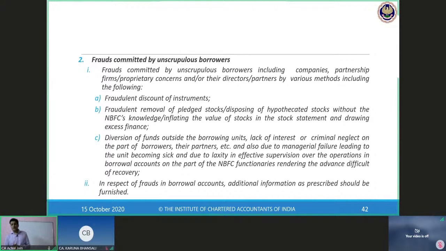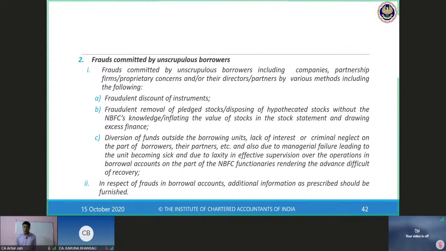Diversion of funds outside the borrowing units. Lack of interest or criminal neglect on the part of the borrowers, their partners, etc. And also managerial failure leading to the unit becoming sick, and laxity in effective supervision over the operations in the borrower accounts on the part of the NBFC functionaries, rendering the advance difficult of recovery.